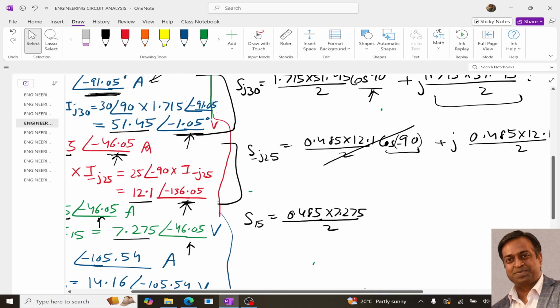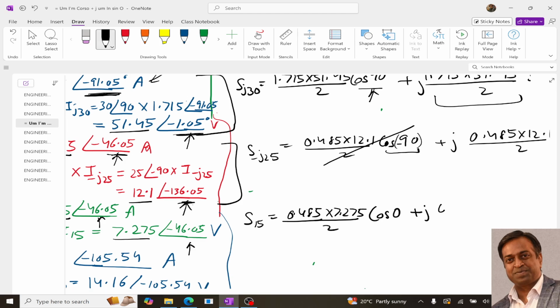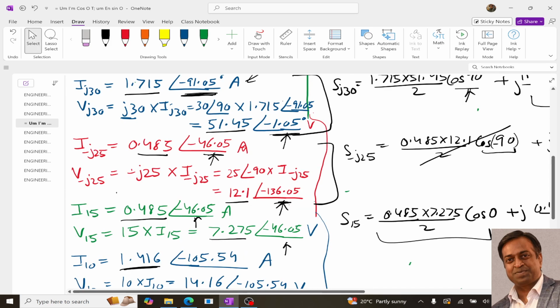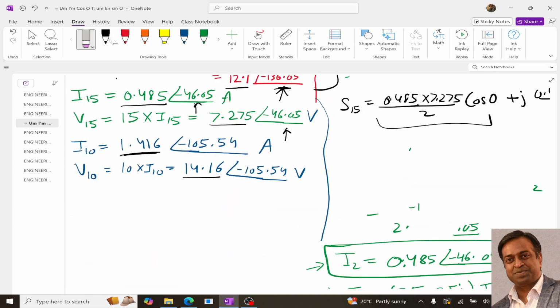So it is cos 0 plus j 0.485 into 7.25, and since sine 0 is 0, we get only the real component, and it will be our S15, it will be 3.528 watt.